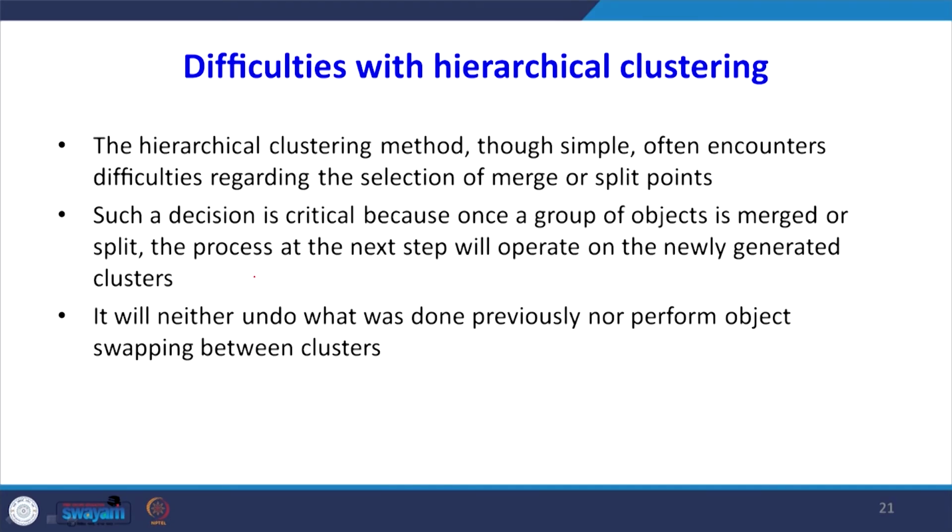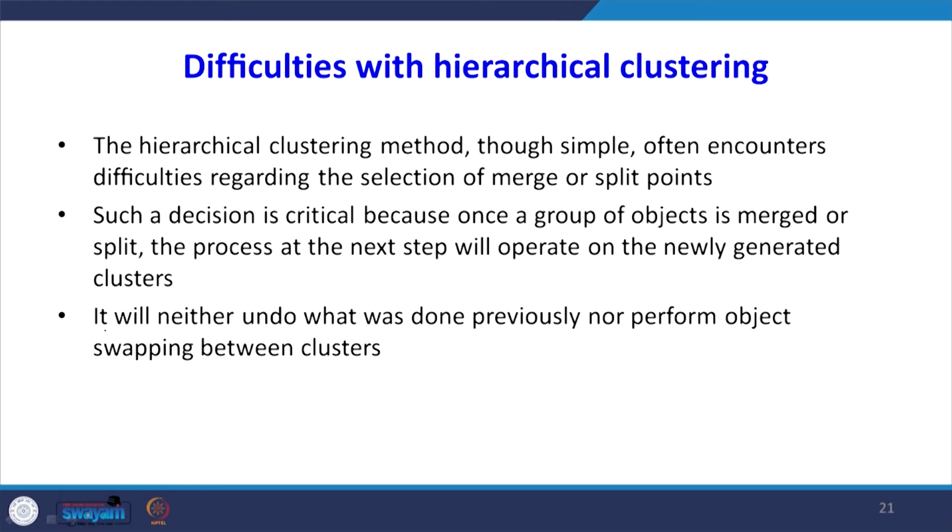The difficulties with hierarchical clustering. The hierarchical clustering method, though simple, often encounters difficulties regarding the selection of merge or split points. Such a decision is critical because once a group of objects is merged or split, the process at the next step will operate on the newly generated clusters. As I told you, this is also one of the drawbacks. Once the cluster is formed, if any mistake has happened, that cannot be rectified if you follow hierarchical clustering methods.